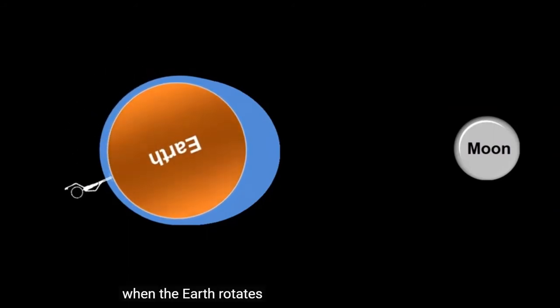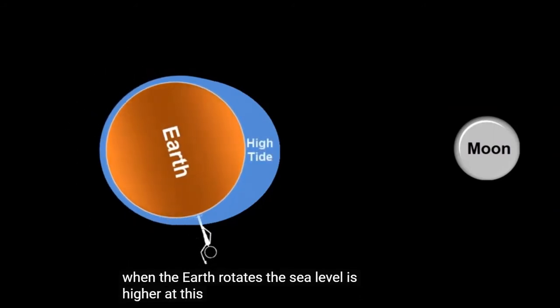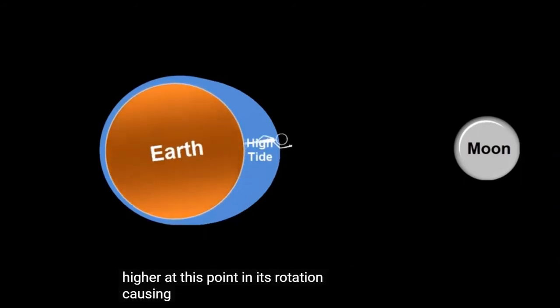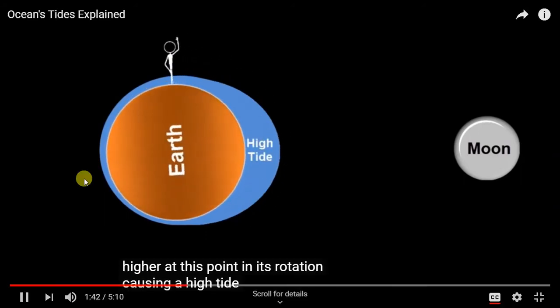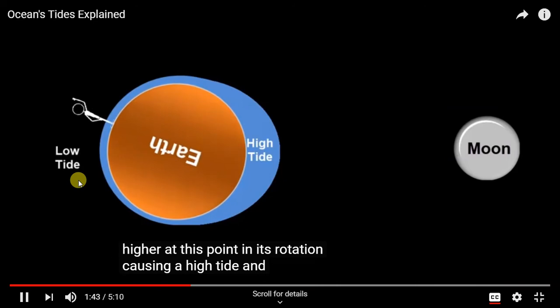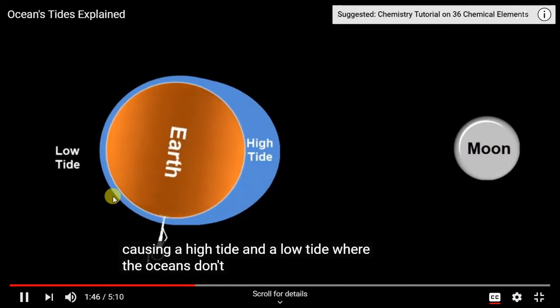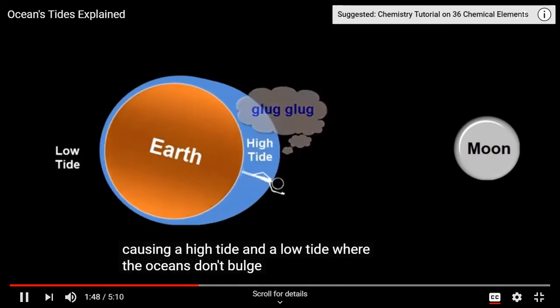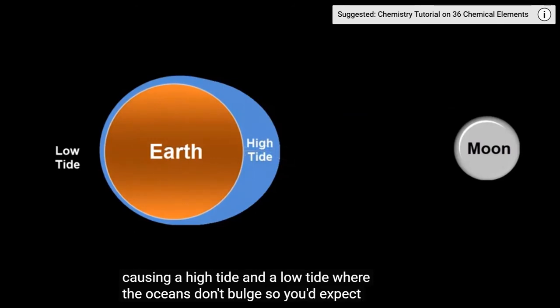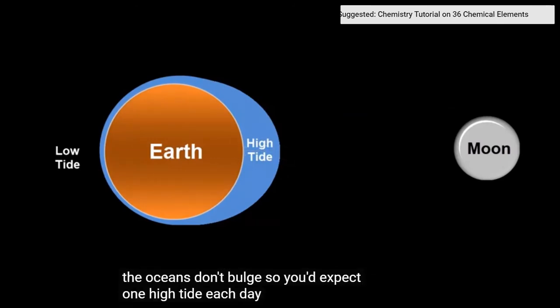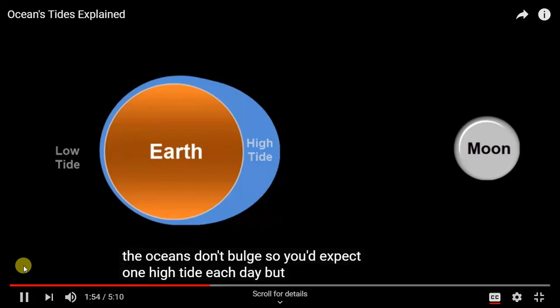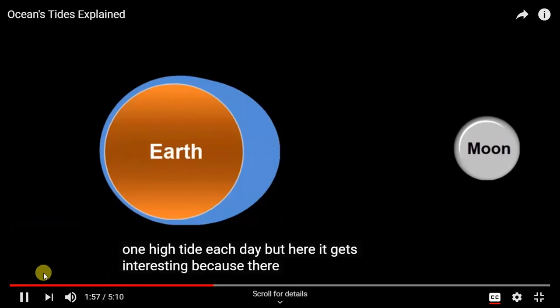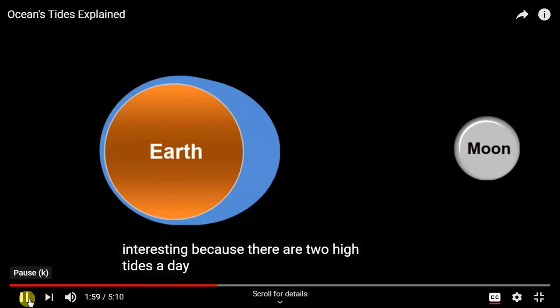When the Earth rotates, the sea level is higher at this point in its rotation, causing a high tide. And a low tide where the oceans don't bulge. So you'd expect one high tide each day. But here it gets interesting because there are two high tides a day.